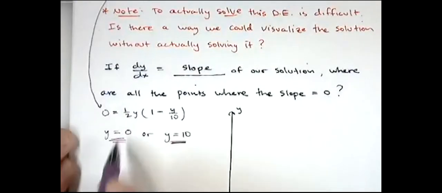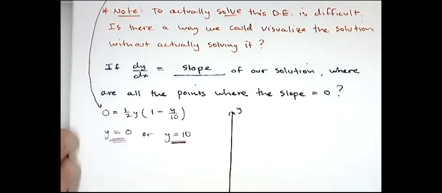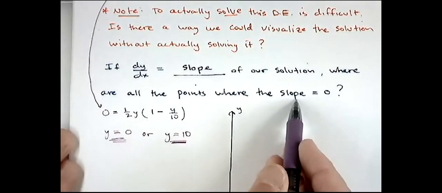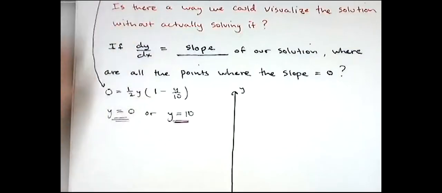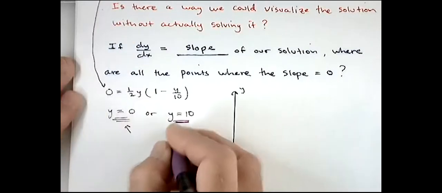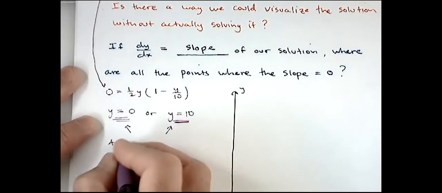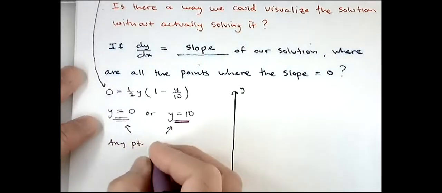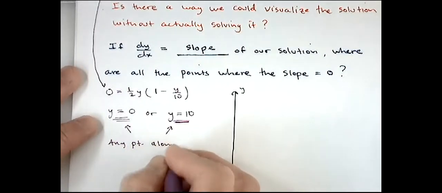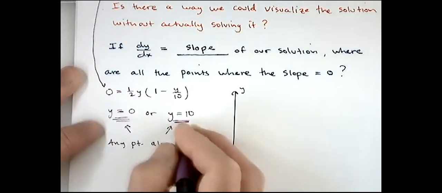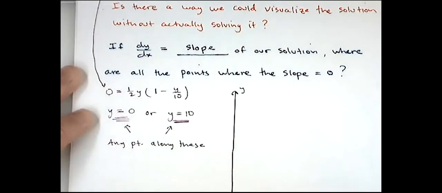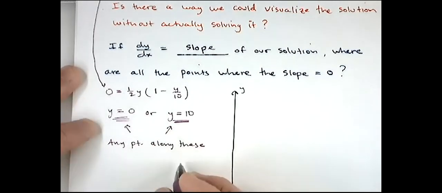What this is saying is any point where y is equal to 0, my solution is going to have a slope of 0. So, I'll put them right, any point along these, these are equations of lines, right? y equals 0 is the x-axis, y equals 10 is a horizontal line.